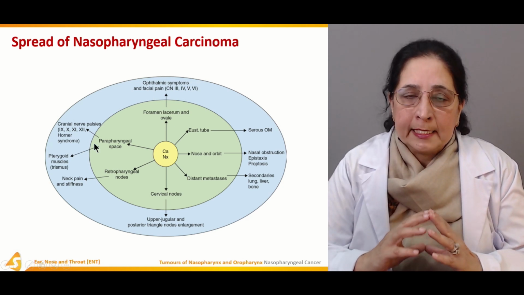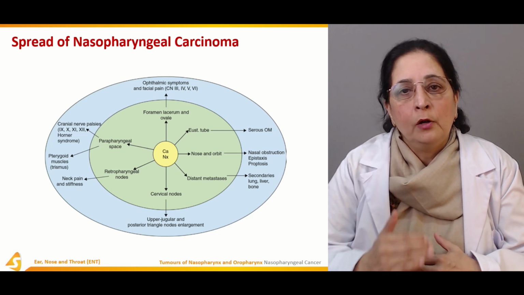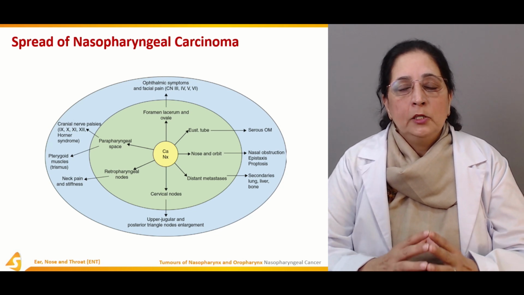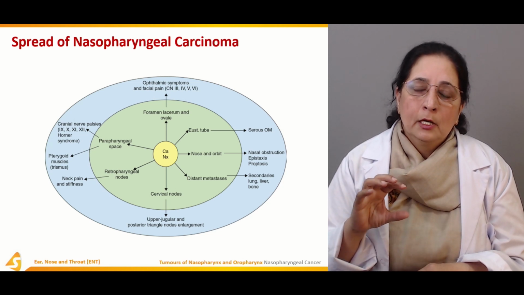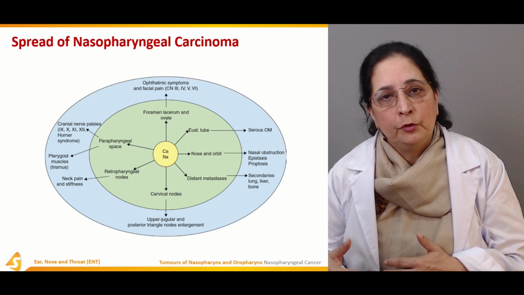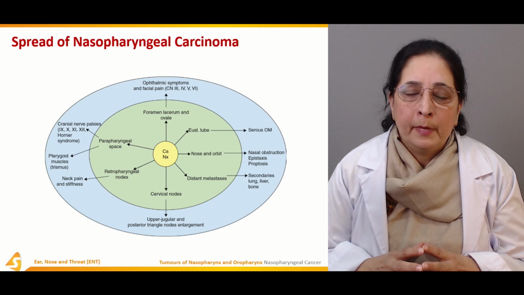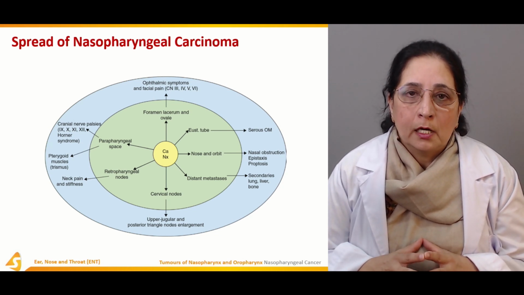So very extensive effects of the spread of nasopharyngeal carcinoma, and again they depend on where the spread occurs, and the signs and symptoms produced depend on the site of the spread.